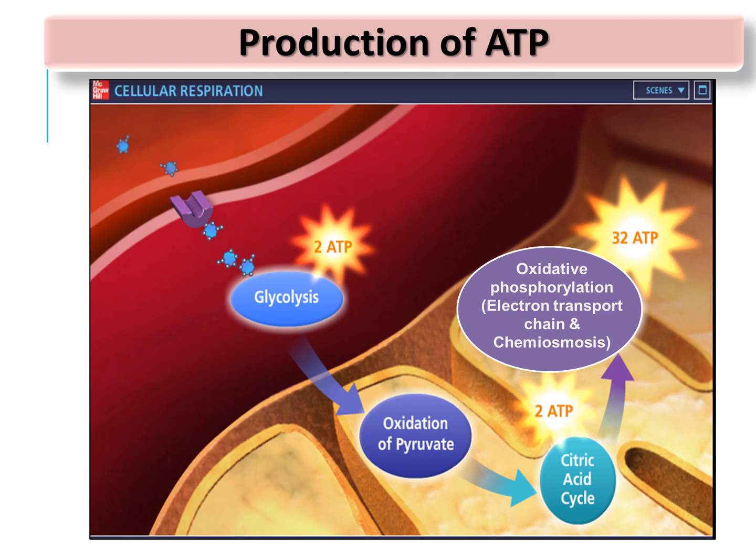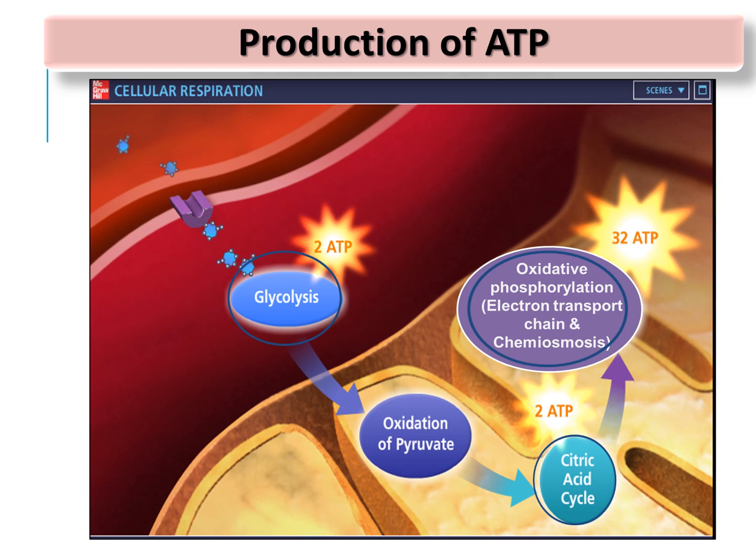As I said just now, substrate level phosphorylation occurs in glycolysis and citric acid cycle, whereas oxidative phosphorylation occurs during electron transport chain and chemiosmosis.